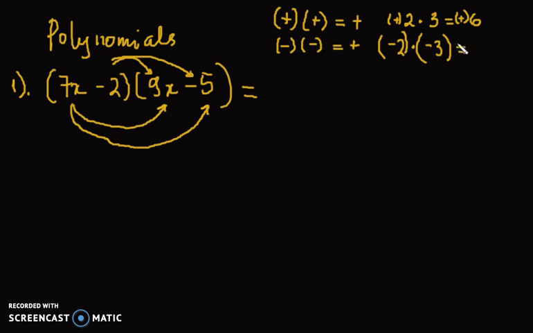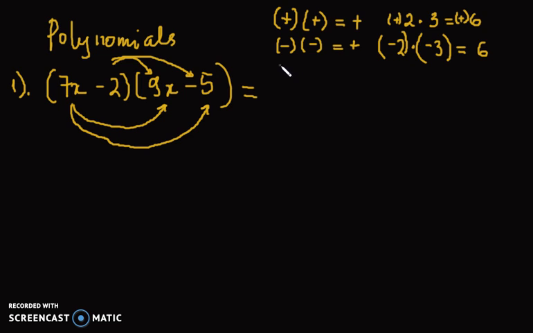This is a very useful way for you to eliminate mistakes. So (-2) times (-3), and we know that negative times negative, the result will be positive. So 6.